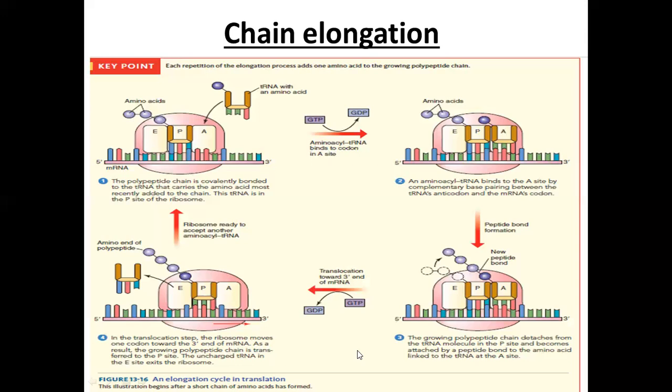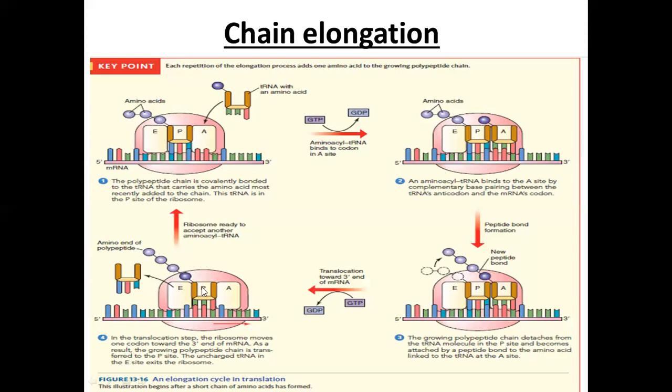So the process of translocation does several things. One, it moves the uncharged transfer RNA into the E site. Secondly, it moves the transfer RNA containing the growing polypeptide chain into the P site.